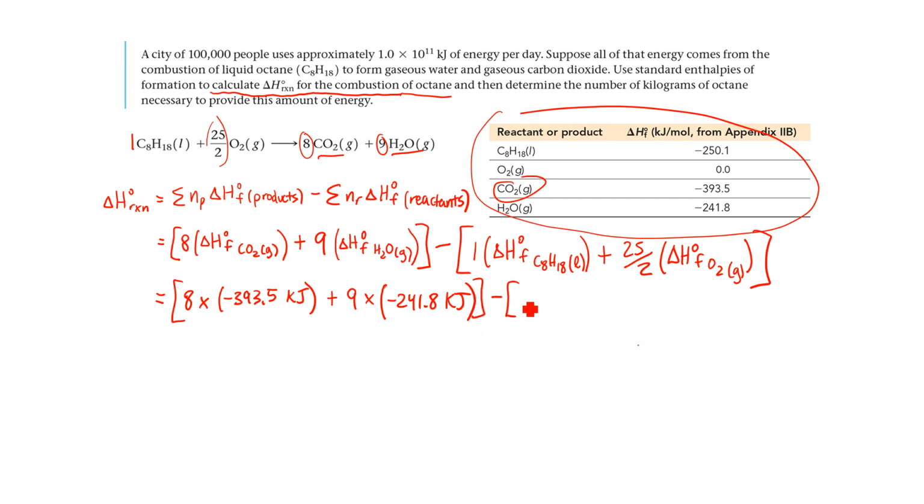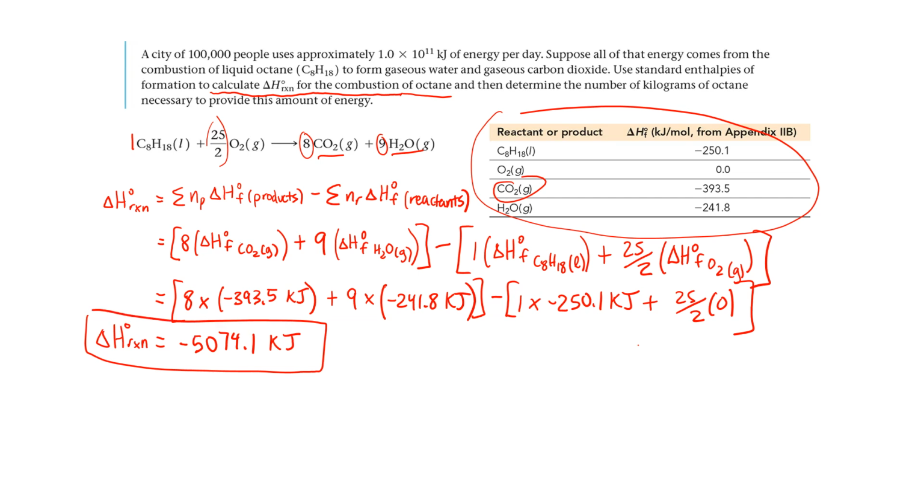This is all minus 1 times negative 250.1 kilojoules plus 25 over 2 times 0. We do all of this math, we should get negative 5,074.1 kilojoules. This is delta H of the reaction. When you do that math, that's what you should get.